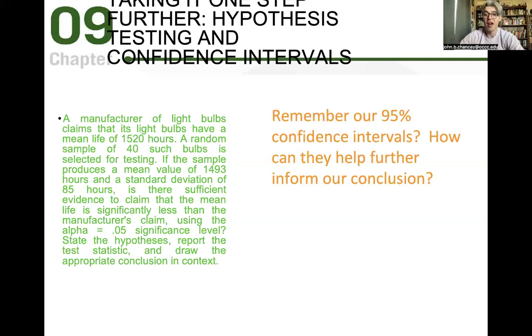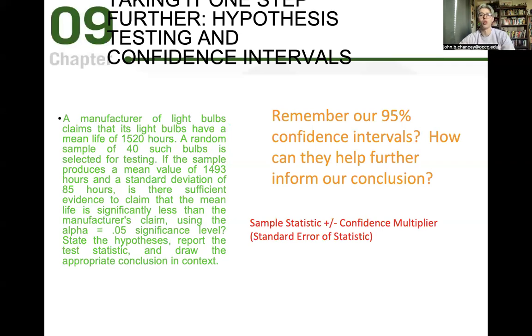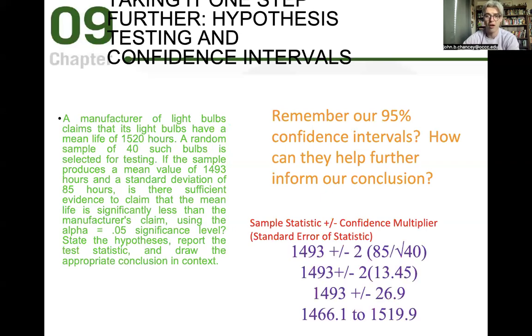If we have a 95% confidence interval, remember that's established by taking 1 minus alpha. In this case, our alpha was 0.05. We can use this to inform our conclusions even further. We take our sample statistic, which is the mean of 1493, plus or minus our confidence multiplier times our standard error, which is the denominator of our equation.